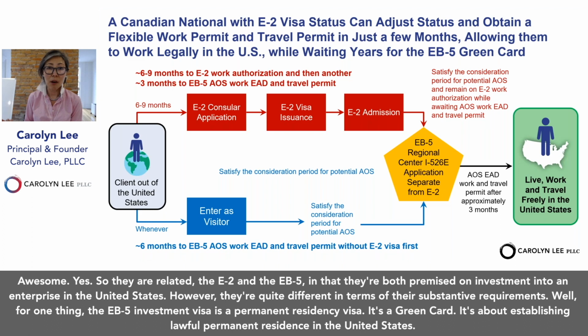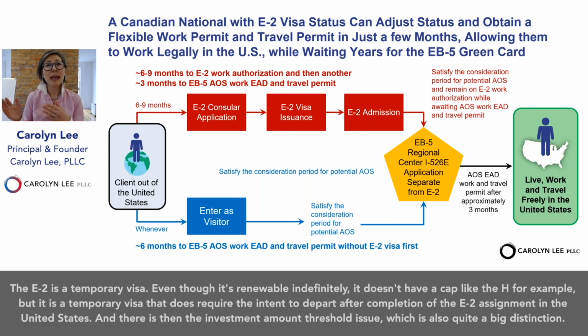It's a green card. It's about establishing lawful permanent residence in the United States. The E2 is a temporary visa, even though it's renewable indefinitely. It doesn't have a cap like the H, for example. But it is a temporary visa that does require the intent to depart after completion of the E2 assignment in the United States.